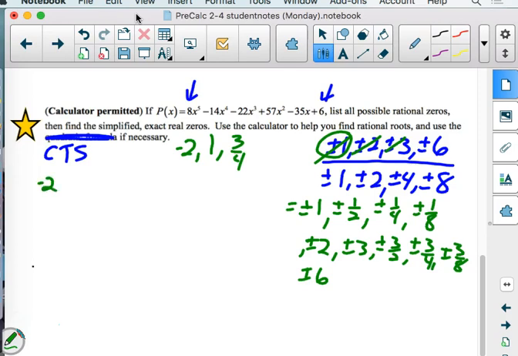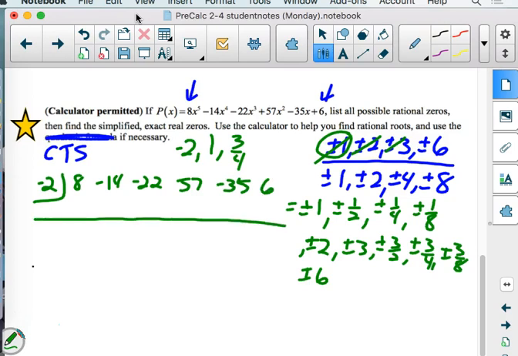So I'll just start with -2. It doesn't matter which of these you start with, by the way. And I have 8x to the 5th, -14x to the 4th, minus 22x cubed, 57x squared, -35x, and 6. And they all are there. We bring down the 8. We multiply outside the box. We add inside the box. Multiply outside the box, so -2 times 30 is 60, and then add inside the box, but this is really like subtraction here.